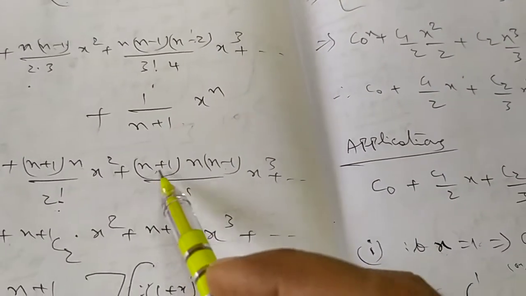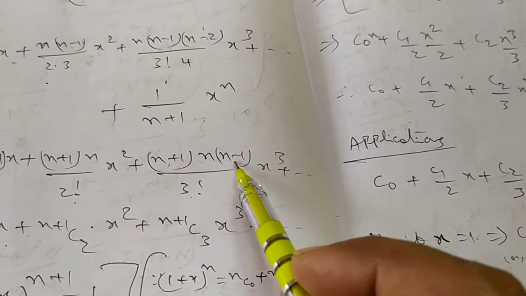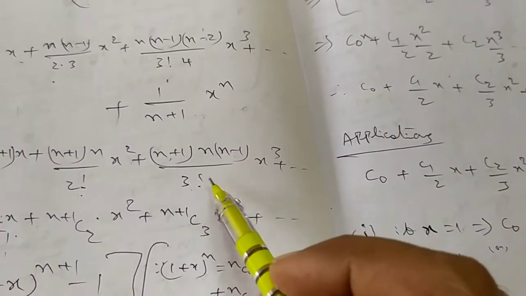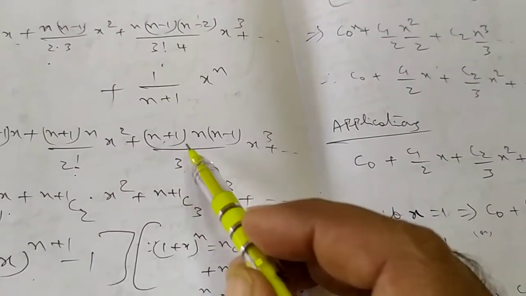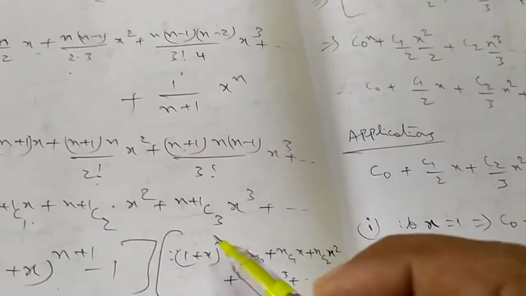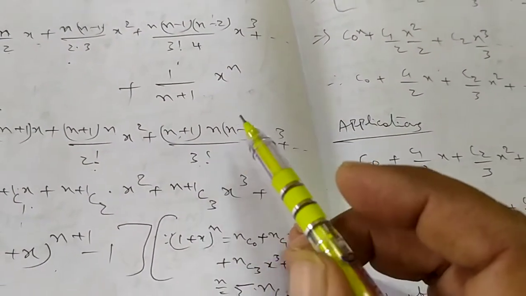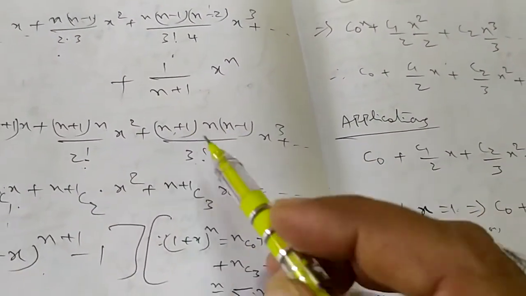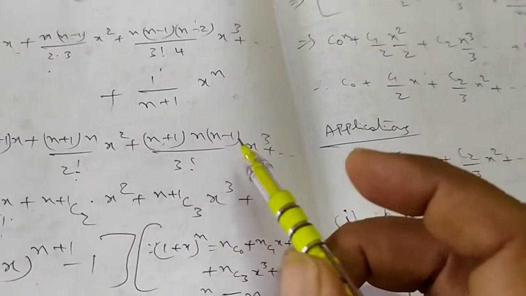This is the product of 3 consecutive numbers by 3 factorial, starting from n plus 1. Therefore that is the formula of n plus 1 C3. See the nCr notation and how to write the values of nC0, nC1, nC2, nC3 in the first class of binomial theorem.